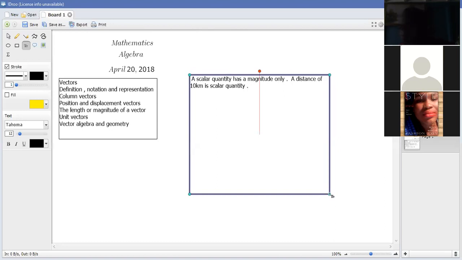Good. Temperature and mass are other examples of scalar quantities. We have 10 minutes.